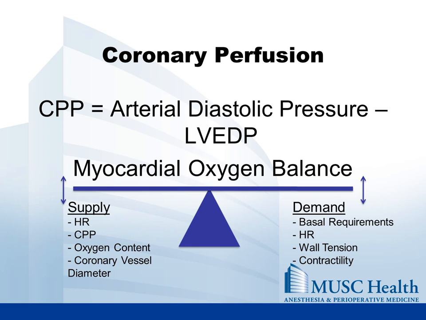So supplying your heart is going to be your heart rate, oxygen content, and coronary vessel diameter, right? If they're narrowed and all stenosed and all nasty, then you've got problems. Demand of the heart is going to be basal oxygen requirements to keep the heart pumping. Again, the heart rate, your contractility, and wall tension, which is also going to eat up oxygen.